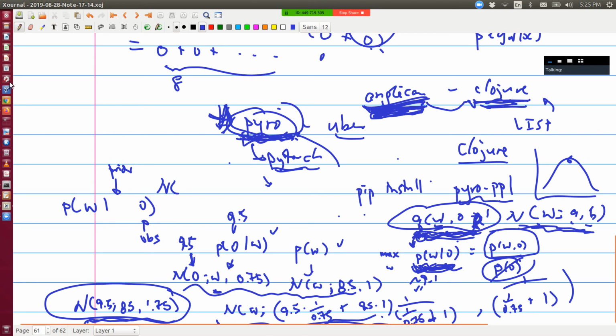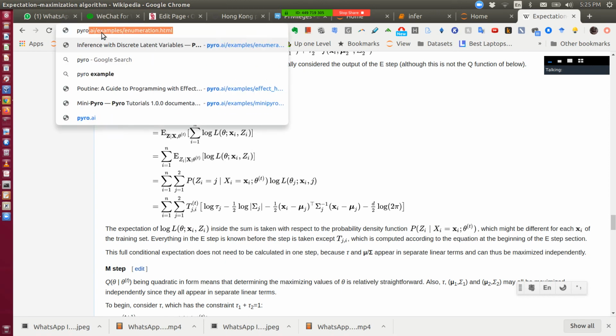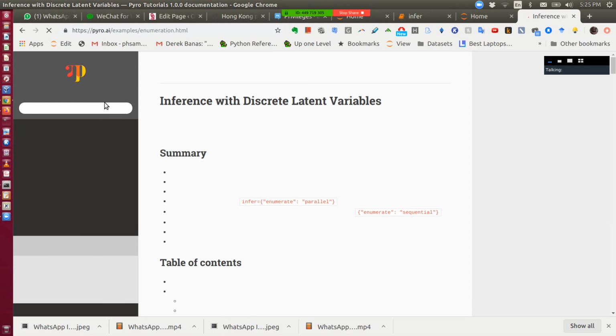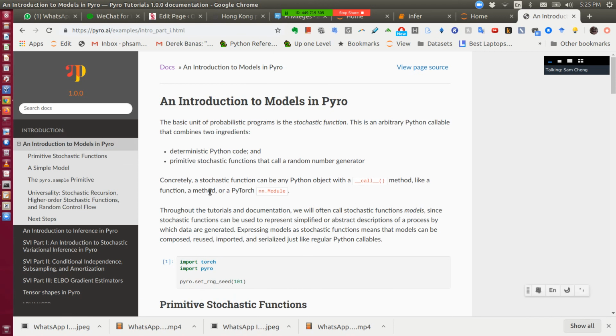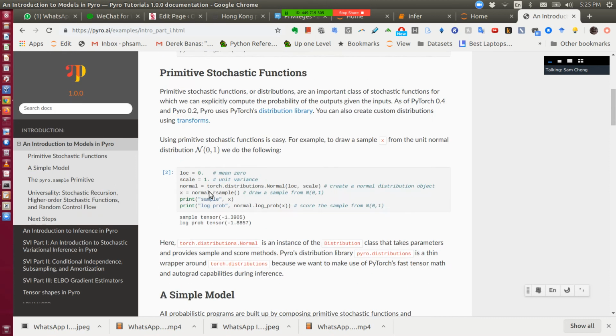So, where can we find that? From Pyro. You just look for Pyro. Yeah, you search Pyro. I think this is the first one, the introduction. And this notebook you can download.